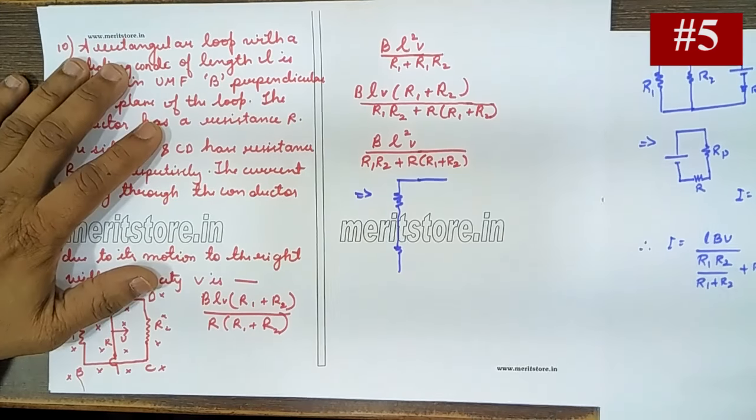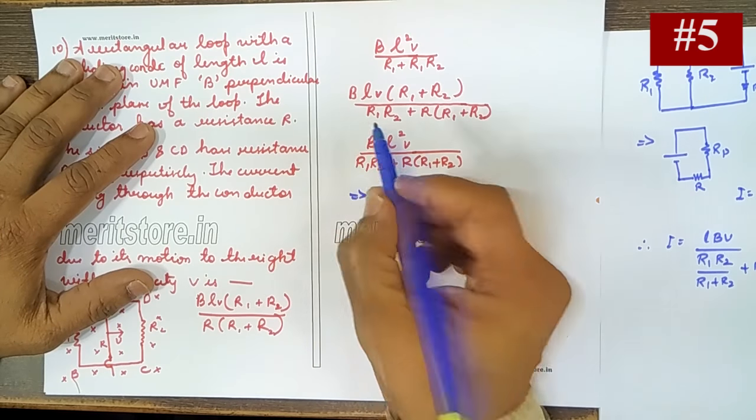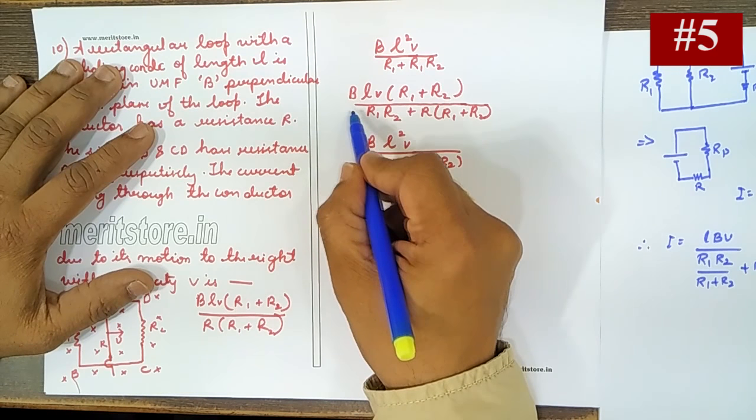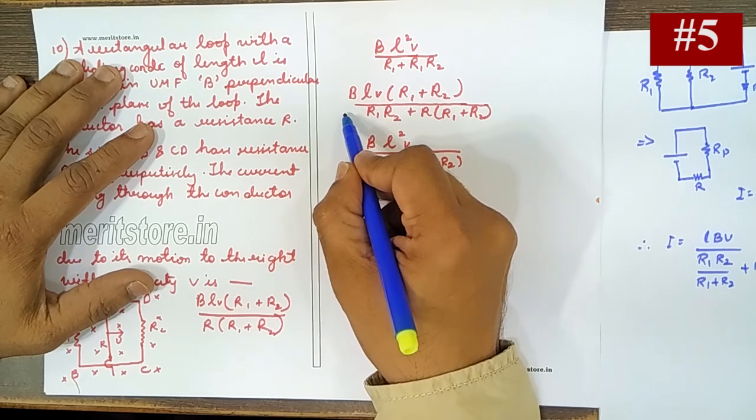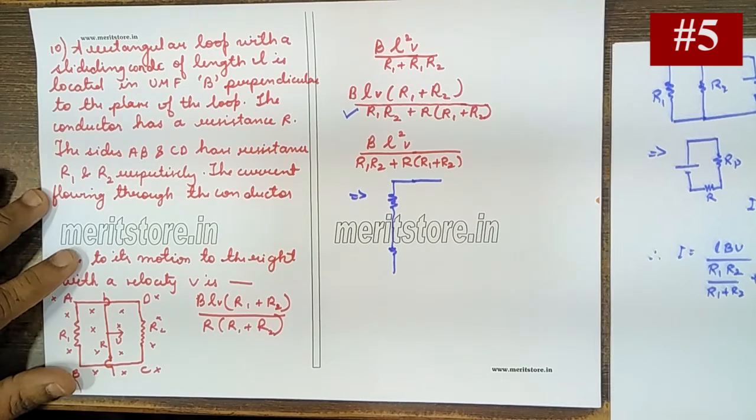So my choice will be out of this, BLV R1 plus R2 into this. So this is our choice.